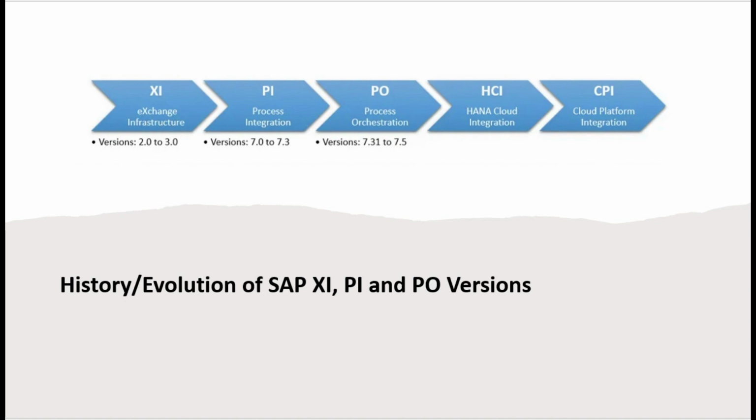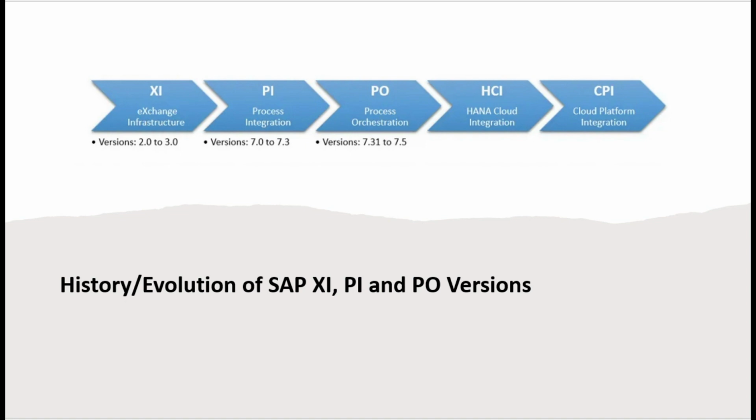Exchange Infrastructure, XI. The SAP integration platform was first introduced to customers in 2003, and the product was called XI, Exchange Infrastructure. The first version was 2.0 and 3.0, and around 2008 the first version of SAP PI was available for general customers, and it was released in 2006. XI was a dual stack system with Java stack and SAP ABAP stack.